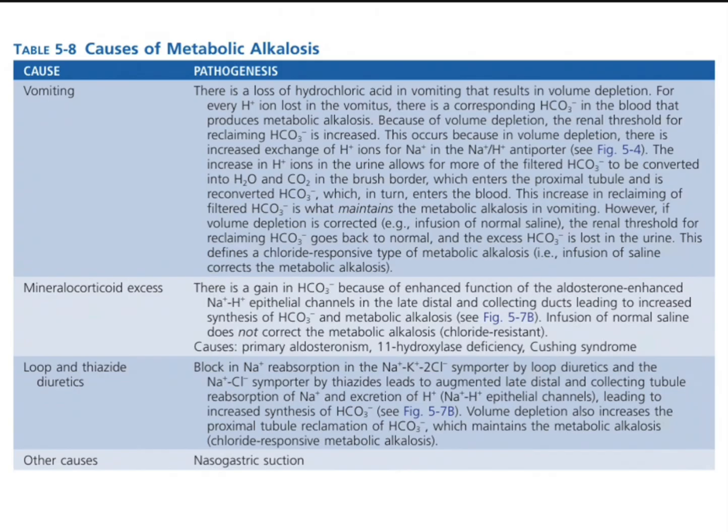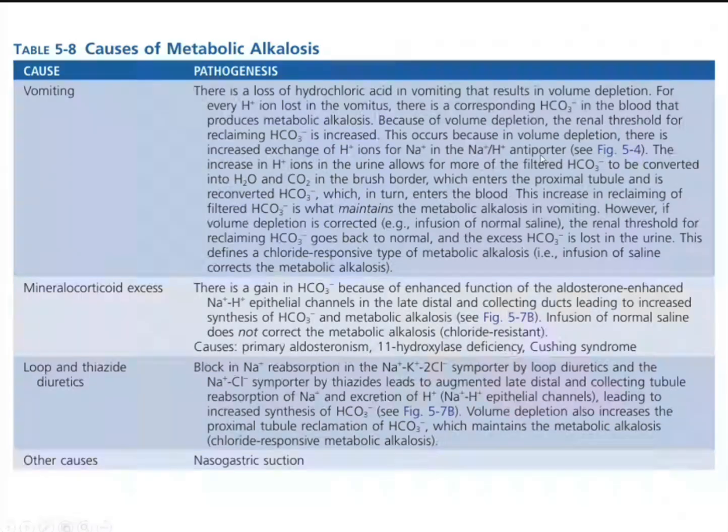Causes of metabolic alkalosis, commonest cause vomiting, makes sense. There's a lot of acid in the stomach. When you vomit, you lose that acid. So there's going to be alkalosis, which is metabolic, right? Because of volume depletion, the renal threshold for reclaiming bicarb is increased. This occurs due to volume depletion. Increased exchange of H plus ions for sodium.